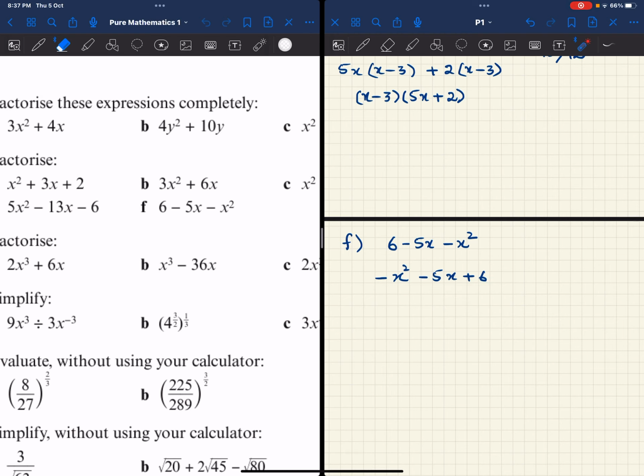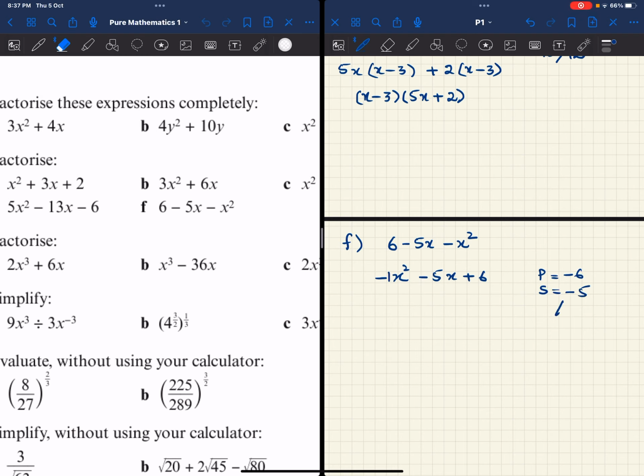Now again here, we have the coefficient of x squared negative 1. So if the coefficient of x squared is anything other than 1, we need to take the product as the coefficient of x squared into the constant. So the product is 6 into negative 1, which is negative 6. The sum is negative 5.